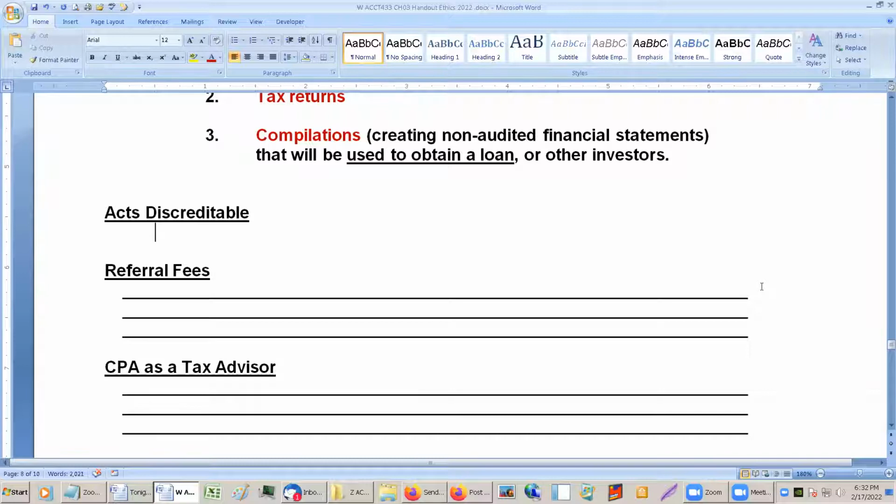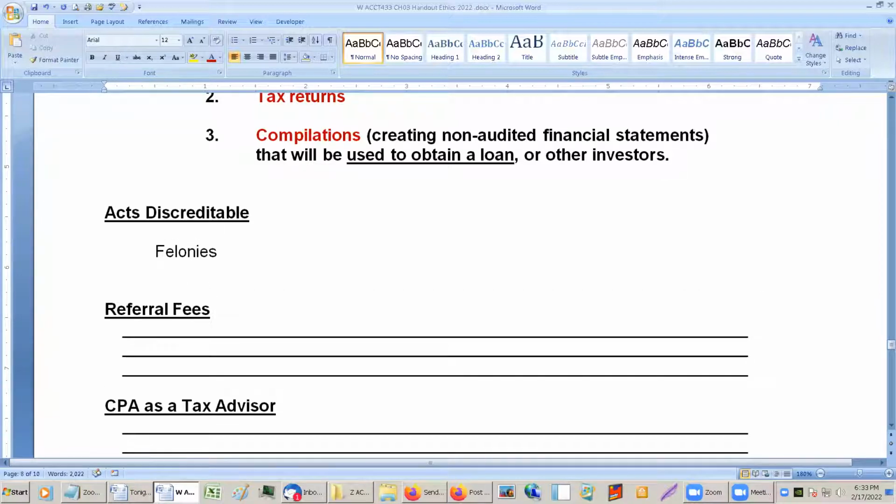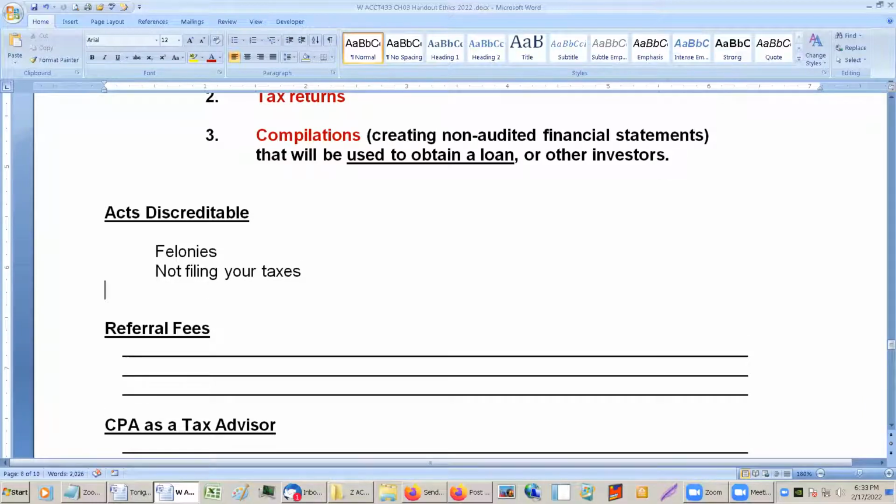The three things that come up routinely are committing felonies, that is a discreditable act; not filing your taxes, that's an act discreditable; and disclosing CPA exam information.